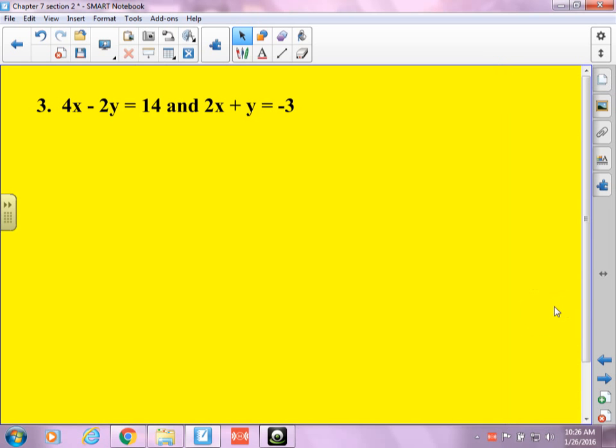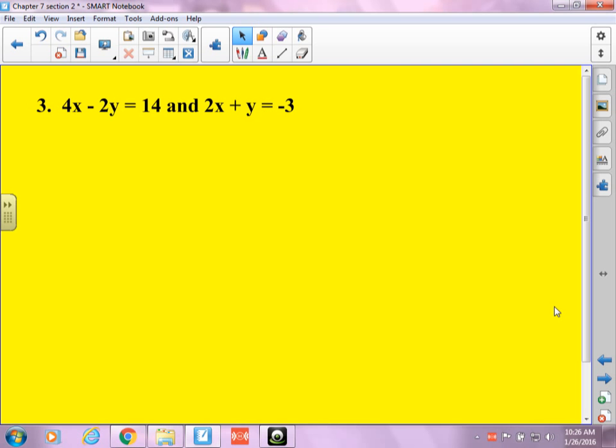Let's look at this one. Now, the first one we did was an x equals. The last one we did was a y equals. Look at this one. I don't have an x equals or y equals. So I've got to do that. Okay? Now, you could do the first equation, but do you see how it's 4x minus 2y equals 14?